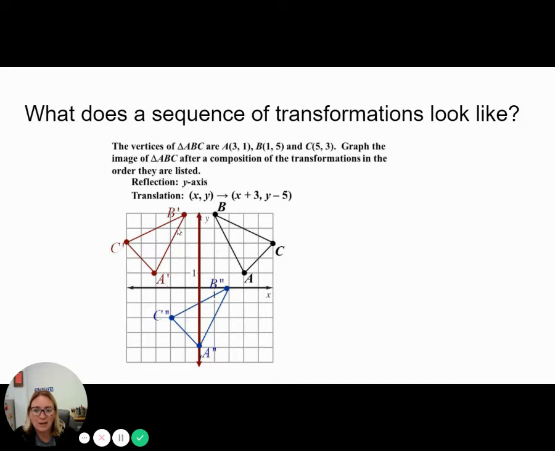So this became A'B'C'. And then this same figure was translated +3, -5 and becomes this blue figure down here, or A''B''C''. Okay, so this is a sequence. It was done in an order and it gets us to a final product down here in this blue triangle.